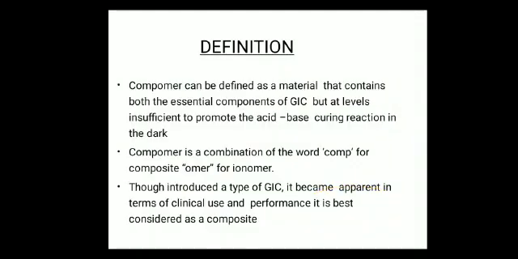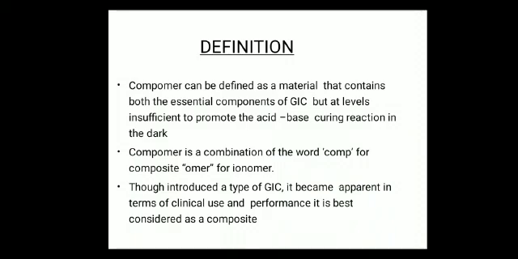Compomers can be defined as a material that contains both essential components of GIC but at a level insufficient to promote the acid-base curing reaction in the dark. The compomer is a combination of the word comp for composite and omer for ionomer, that means glass ionomer.